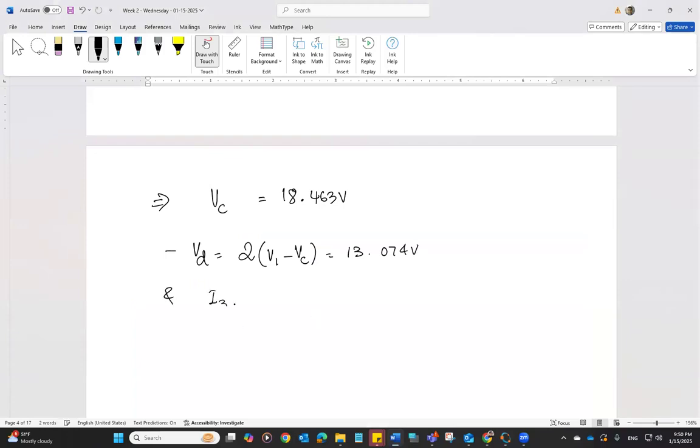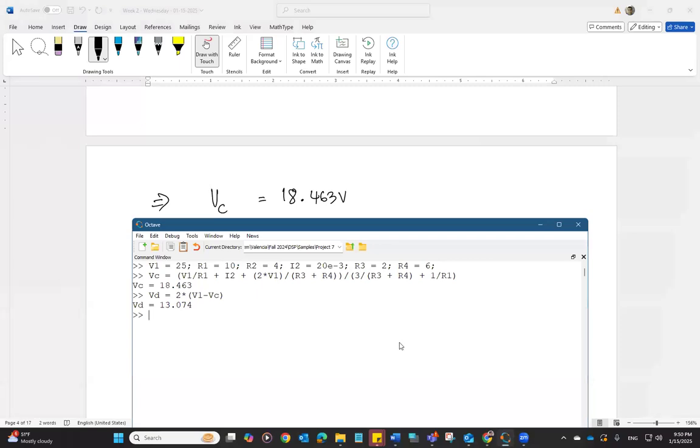And I3 is VC minus VD divided by R3 plus R4, and that's 0.6737 ampere.